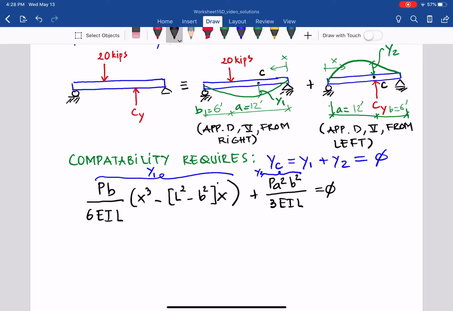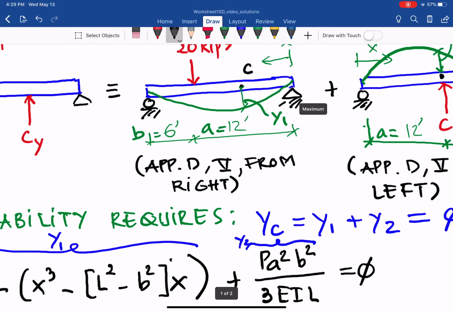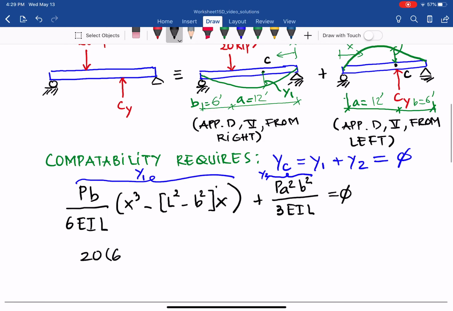So plug in B, A, all of that. We have 20 kips, B is 6 feet based on the figure here, and EI cancels out, as you can see.